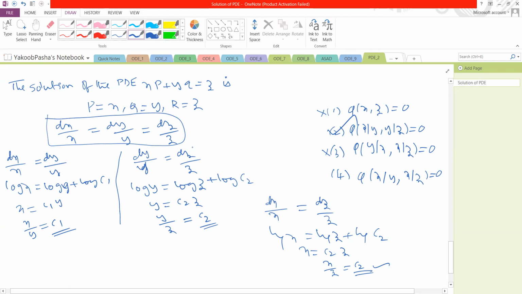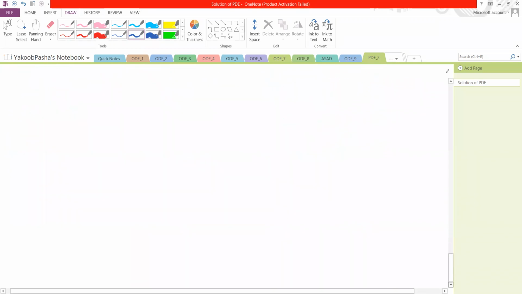Okay, and I am taking one more problem from it, it is also from JL. The solution of x into y minus z P plus y into z minus x into q is equal to z into x minus y is.